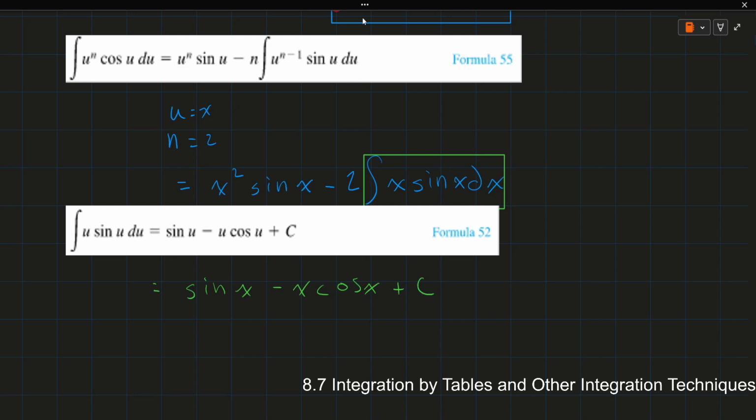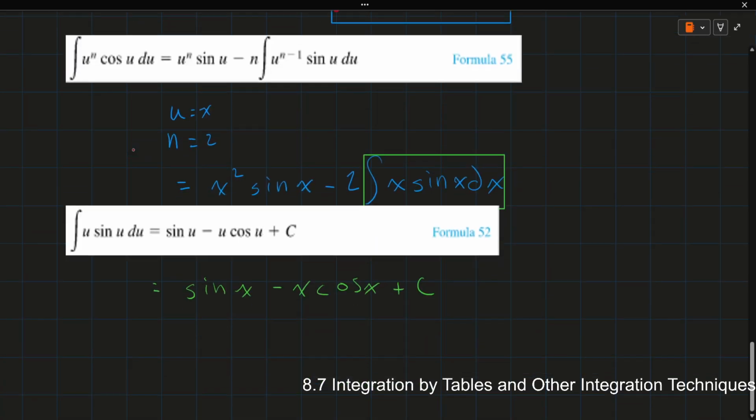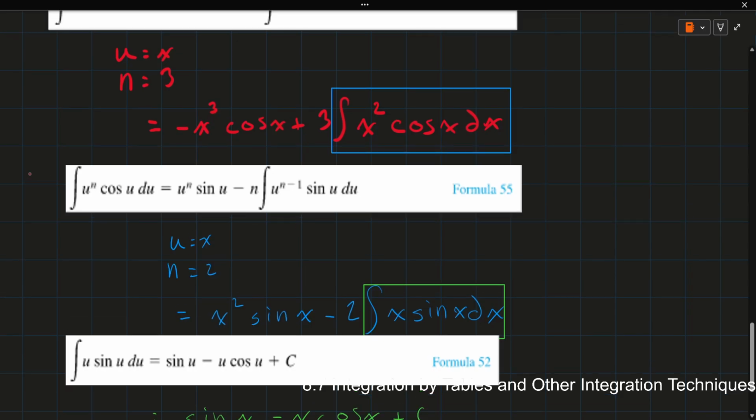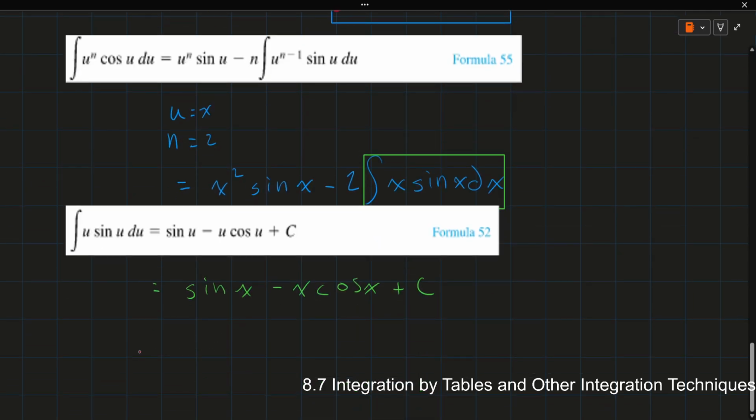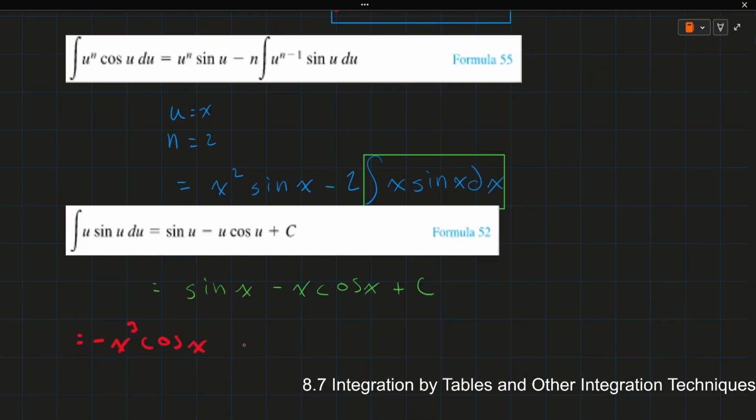Now we just have to work backwards and do all this in one equation, right? So let's start at the top. So what was our first one? The red was the first one. So I'll write it out. I won't be that lazy. So we got negative x cubed cosine x. Plus, then it's going to be 3 times everything here.